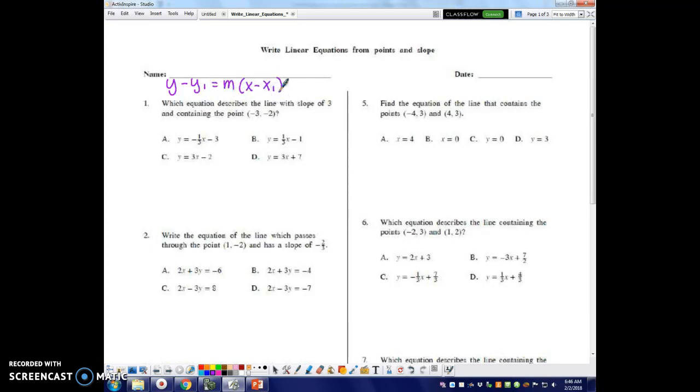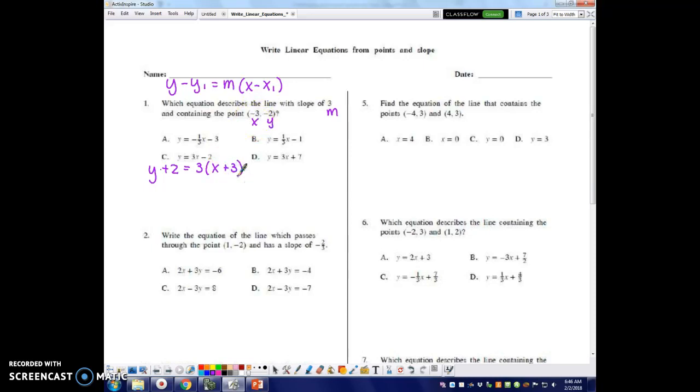They give us x and y. Sometimes it helps to label that, and this is m, the slope. So we would do y, and it's a -2, so we put +2 equals, our m is 3, x, opposite of this is +3.